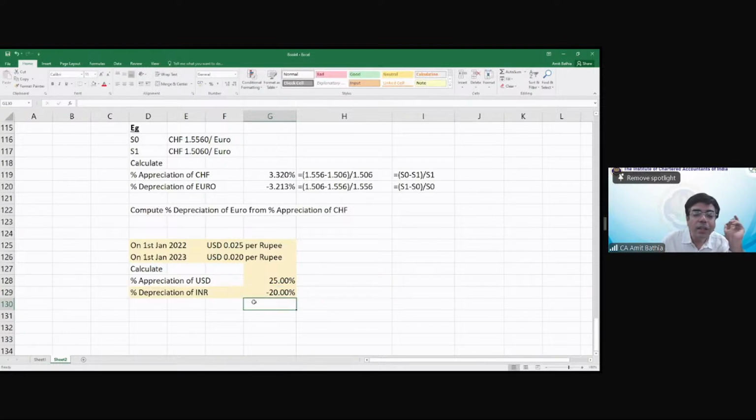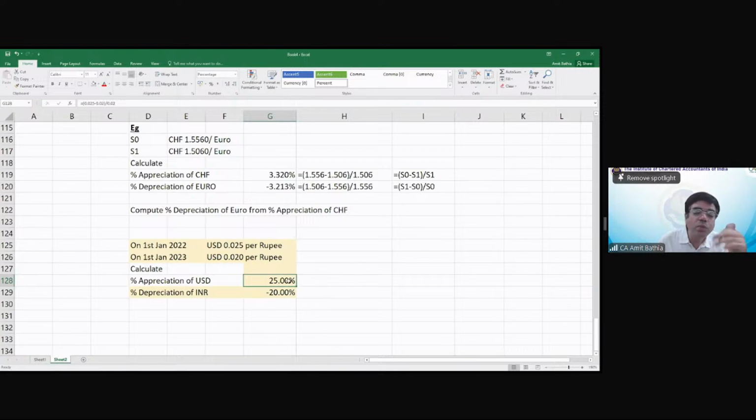Once that is there, if you know the percentage appreciation or depreciation of one of the currencies, you automatically know what cannot be the answer for the other one. Say for example, if I found that the percentage depreciation is 20%, and I don't know how to calculate the percentage appreciation of USD, at least I know for a fact the answer cannot be 20% or less.